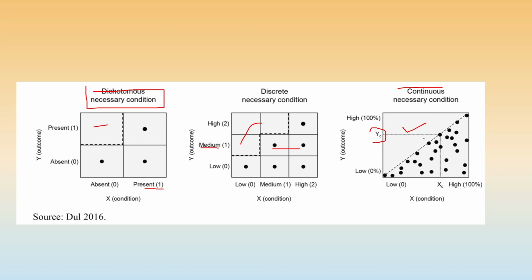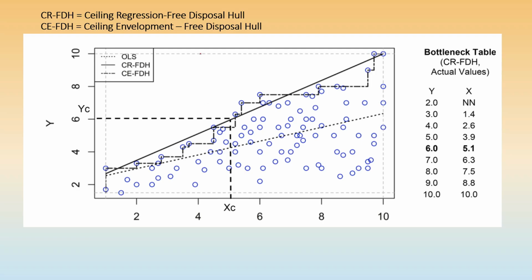If we want to look more specifically, NCA draws a ceiling line. This ceiling line separates the spaces without observation from the spaces with observation. This ceiling line determines the level of condition X that is necessary to reach a certain level of Y. Now there are two types of ceiling lines.